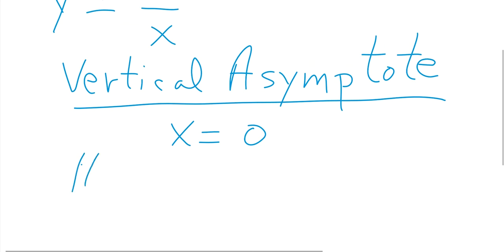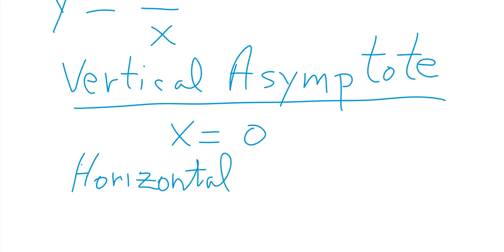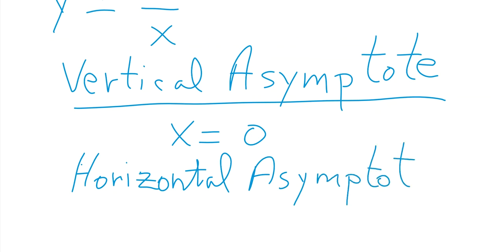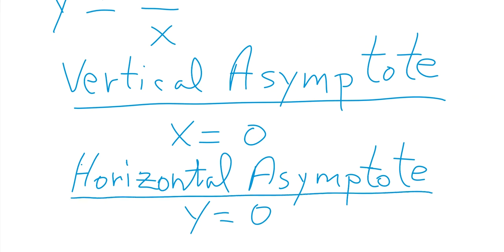Okay, horizontal asymptote. In this case, y equals 0. Okay, so we have two asymptotes, horizontal and vertical.